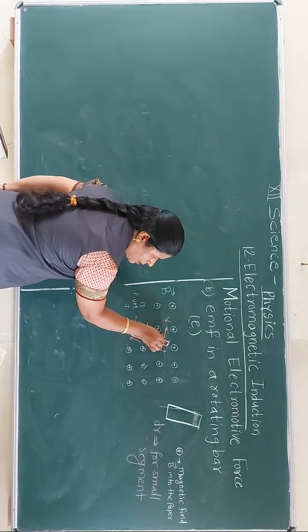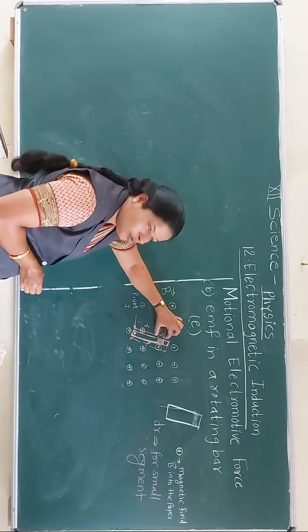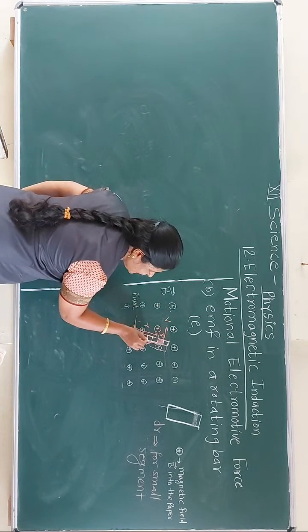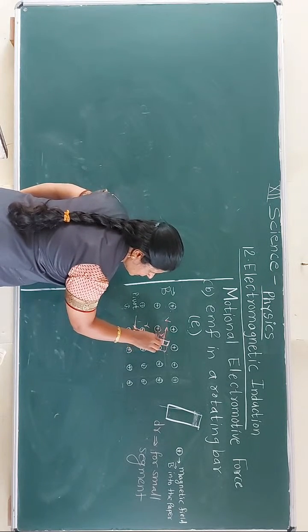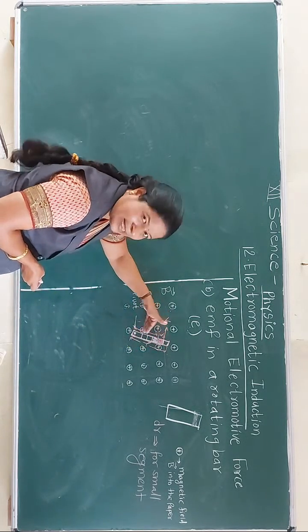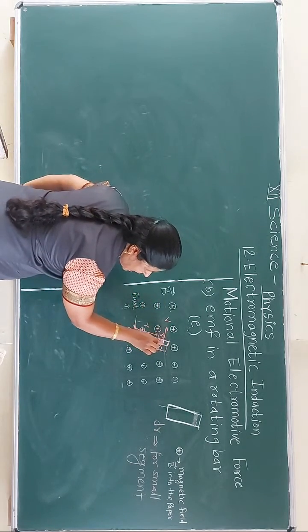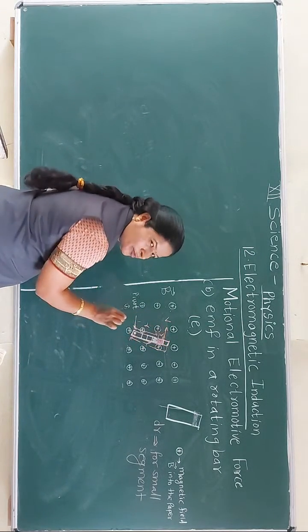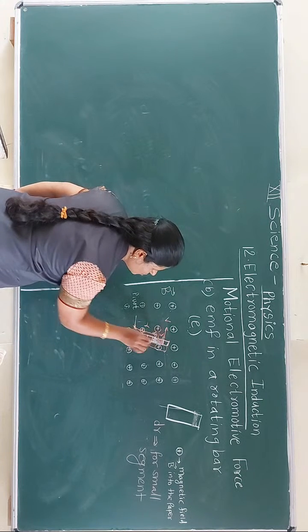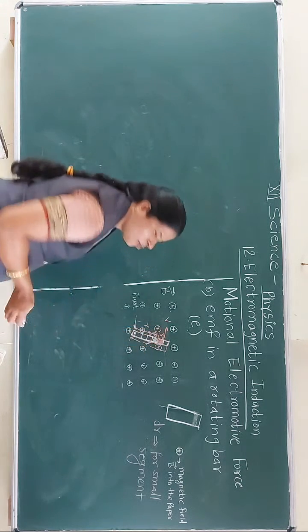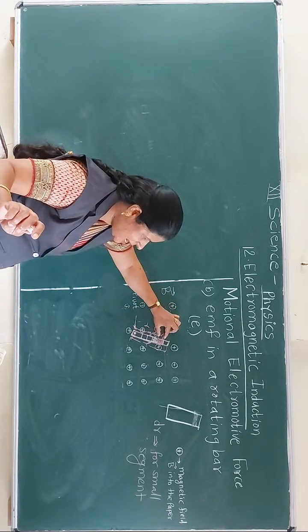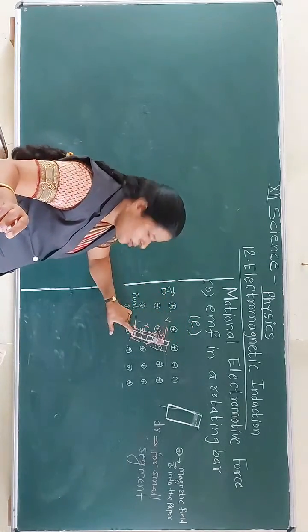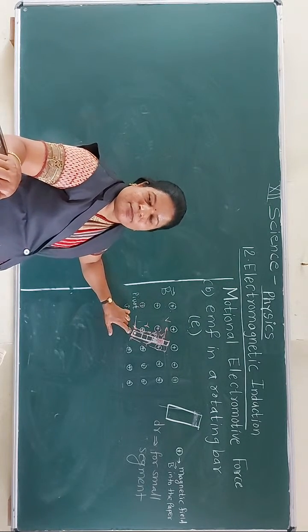That means to find the total EMF of this rotating bar, we have to add all these segments, whose distance is dr, connected in series. For total EMF, we have to add all these segments from this point to the end point of the rotating bar.